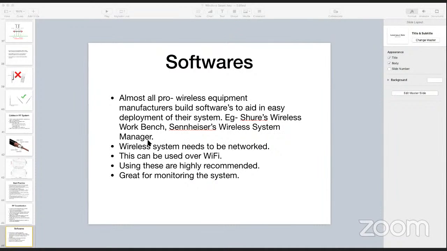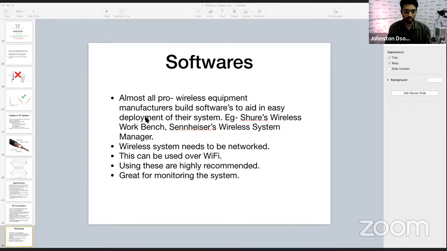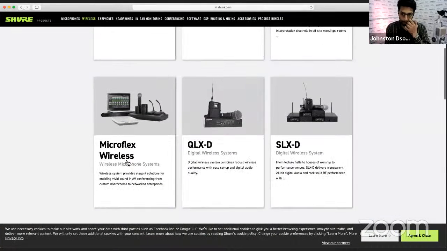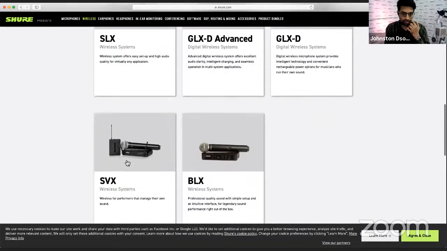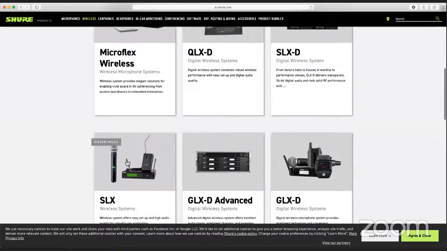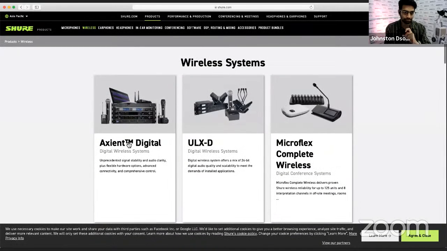Like, just let me open the Axient Digital and let me share the screen. So if you're on a Shure system, ULX-D Advanced, they have some systems which are quite cool.